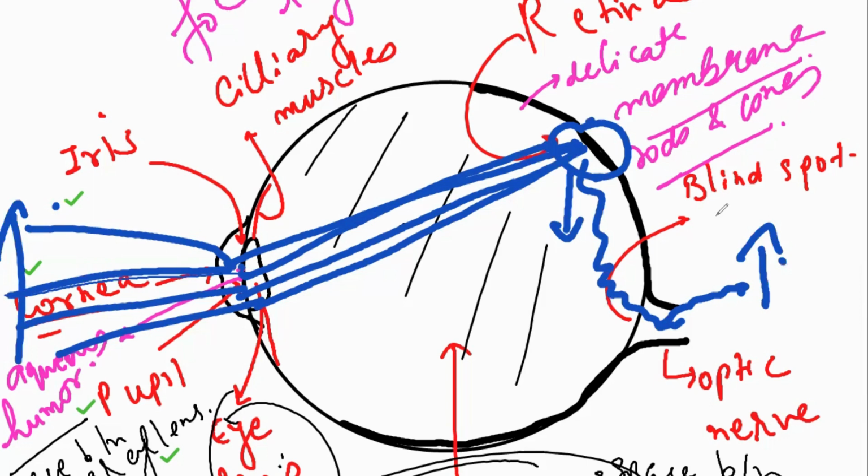Now here I have written blind spot also. What do you mean by the word blind spot? Blind spot is that small region where the optic nerve enters the eyeball, is insensitive to light. Ma'am, I didn't understand blind spot. Wait a sec, I'm just writing it down.